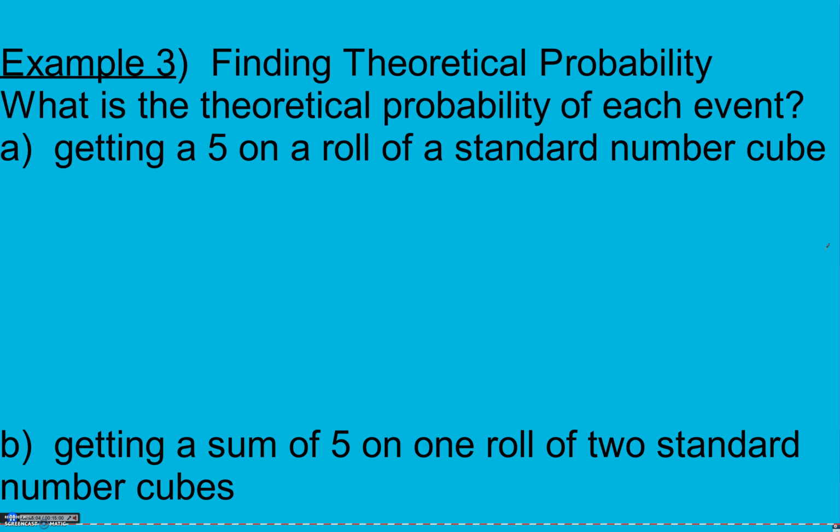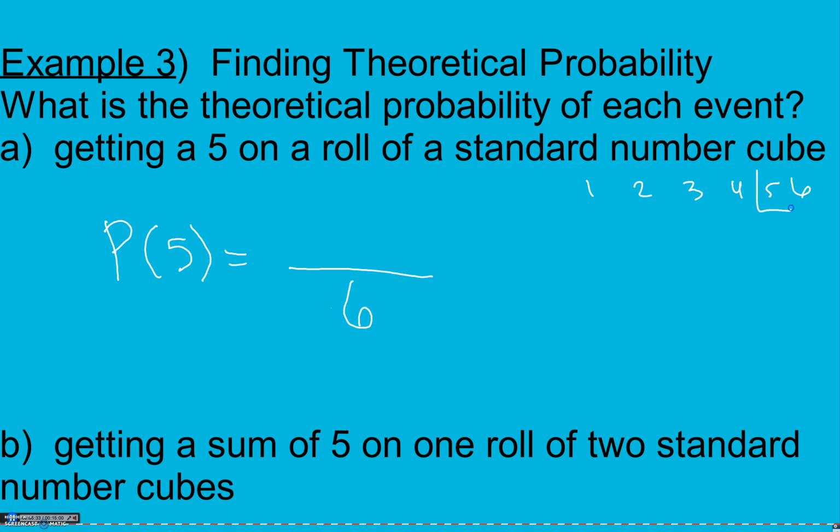Example 3 is finding theoretical probability. What is the theoretical probability of each event? Okay, so our probability of getting a 5 when we roll a standard number cube, so when we roll a die. Well, our options when we roll a die are 1, 2, 3, 4, 5, or 6. 6 total options, so that's our sample space.